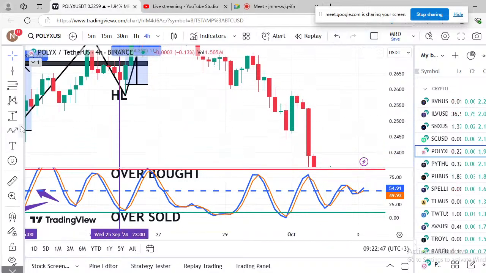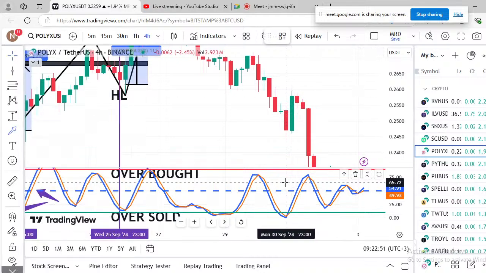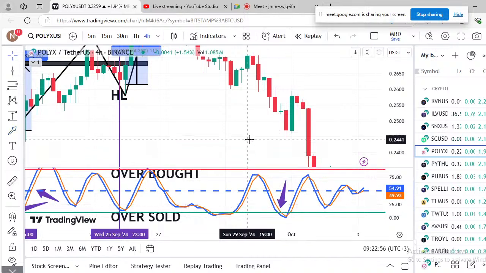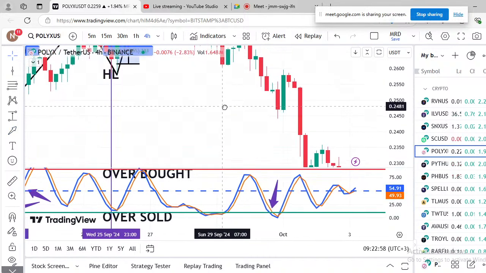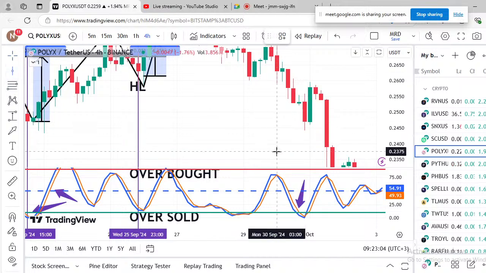From here now, we look at this point. I want you to always use common sense. Don't just trade because they told you when the market is down, just trade. No. Now, let us first look at this point. Let me put a line as well.